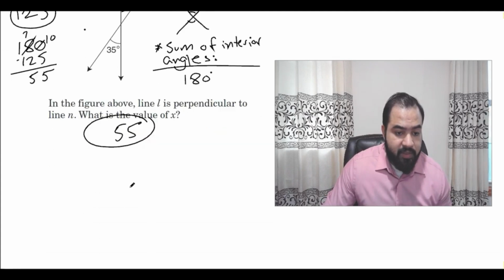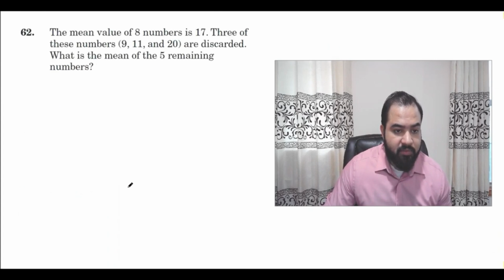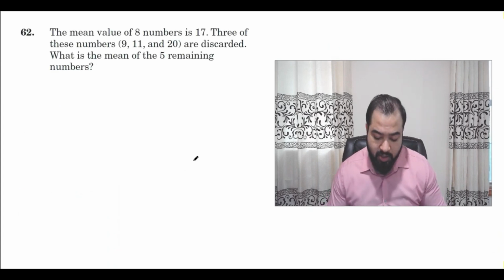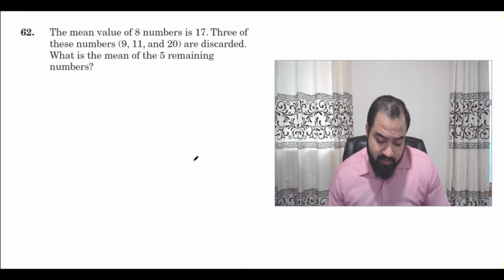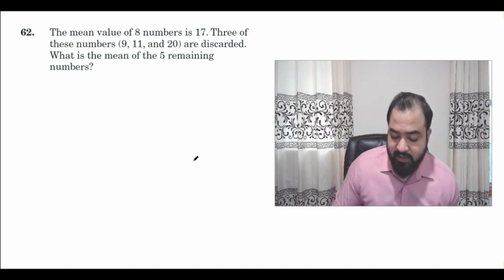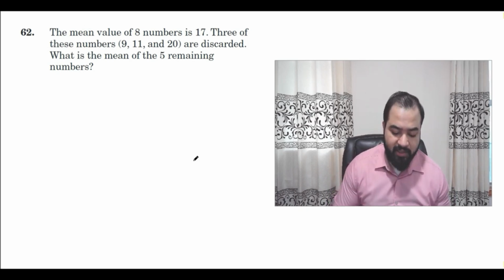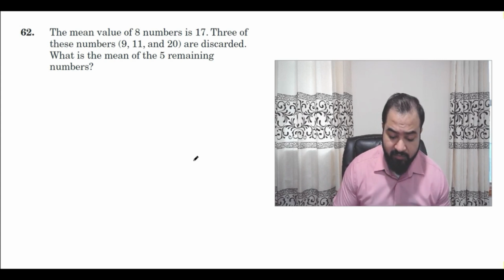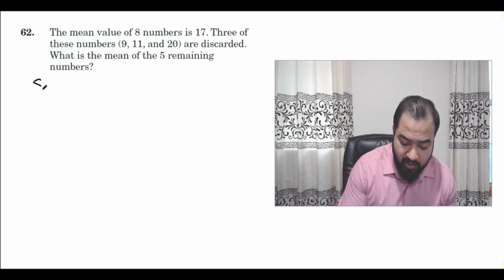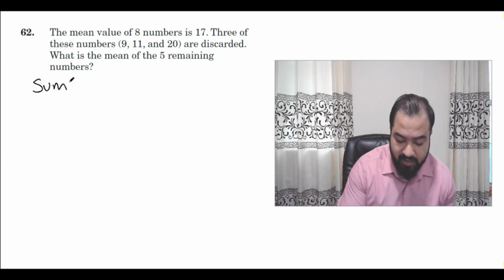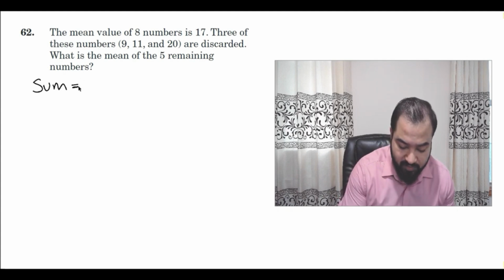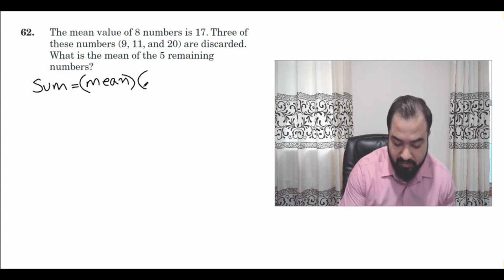Now, let's do the next one, number 62. Here it says the mean of 8 numbers is 17. You guys know how to find the mean. You add all the numbers and divide by the amount of numbers you have. But I'm going to teach you how to find the sum of these 8 numbers. The sum formula is sum is equal to the mean times the total numbers.